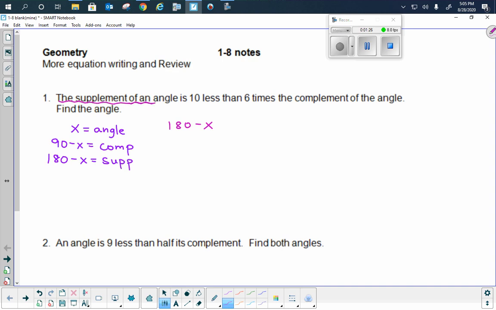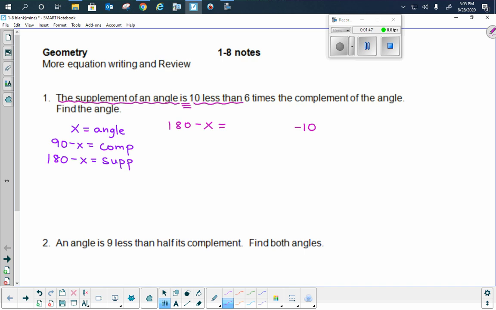And it's just supplement of an angle. So that's still the same thing. Keyword is. Ooh, is means equals. Put the equal sign and do not come back to the left-hand side. 10 less than is supposed to mean subtract 10 at the end. Okay, so minus 10 from whatever you're coming up with next.